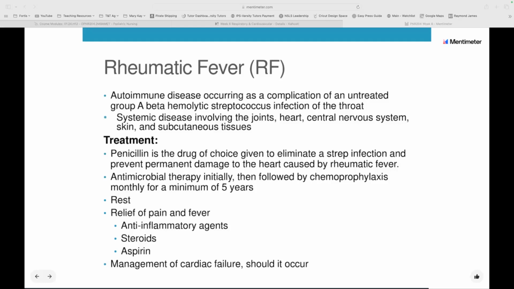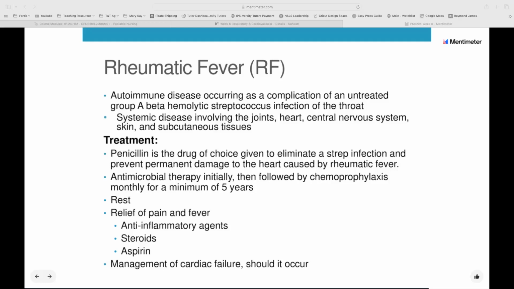We can see inflammation in our joints, all throughout our joints, so that polyarthritis. We can have erythema marginatum, which is going to be a rash all over our skin. Chorea is going to be swelling in our joints, and then subcutaneous nodules. So they'll have these little bumps under their skin. Those are all going to be signs of rheumatic fever.